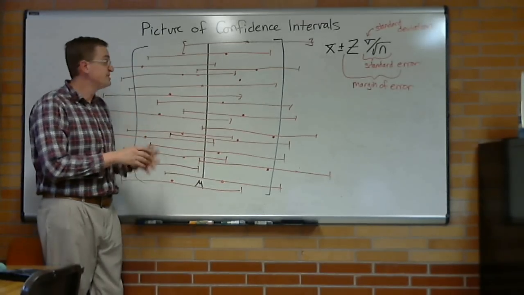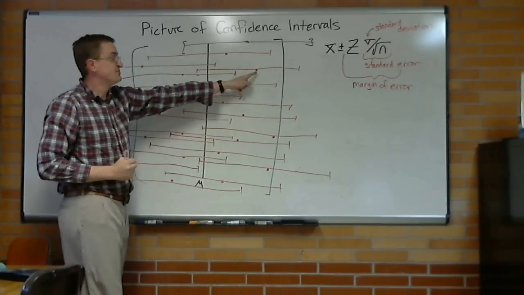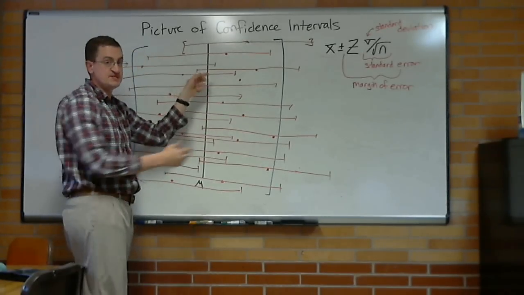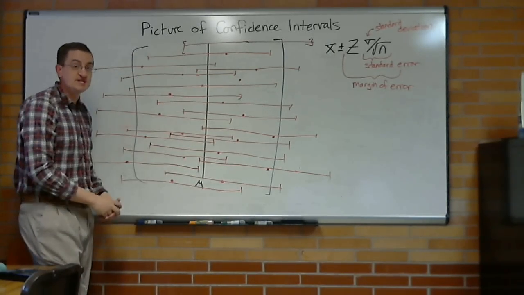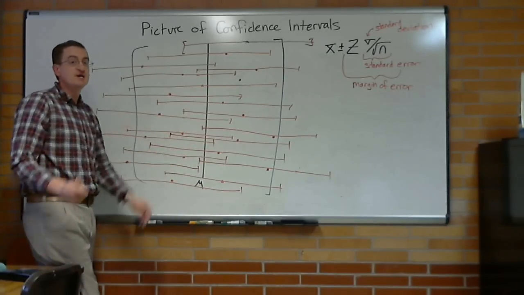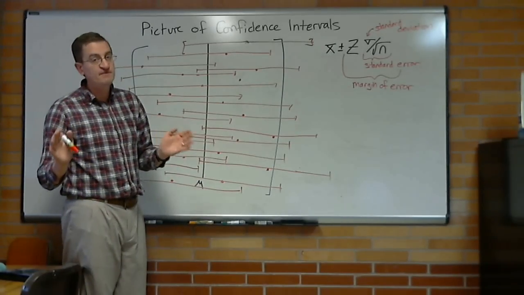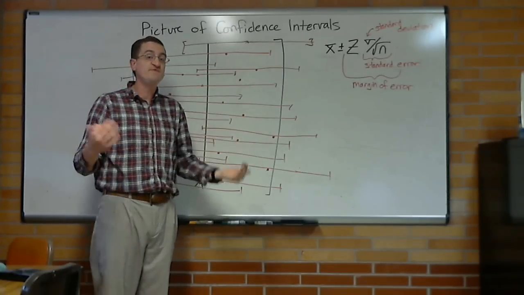So for every one of these intervals, because x bar was in the bounds for mu, mu is in the bounds based on x bar. Now I purposely did this 20 times. There's 20 x bars, 20 people doing this study, because if we're working with a 95% confidence interval, then x bar could land outside this blue bound, and it should 5% of the time.